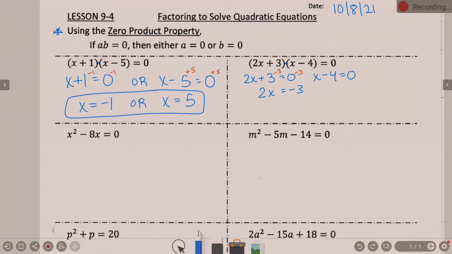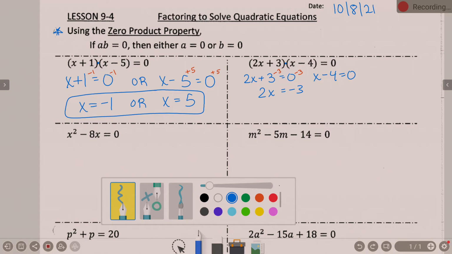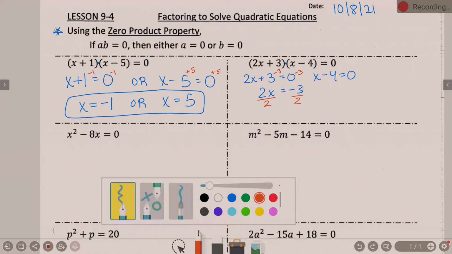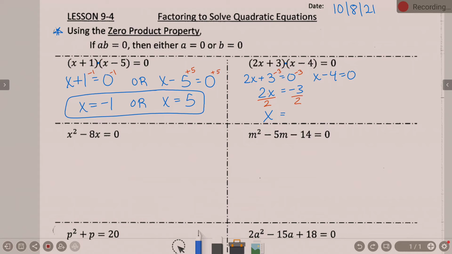Now this one, unlike the other ones, we'd just be done, but since it still says 2x, what do I do with 2x? If it's 2 times x, we're going to divide. If we divide one part by 2, we divide the other part. So 2 divided by 2 is 1, so 1x. Negative 3 divided by 2.